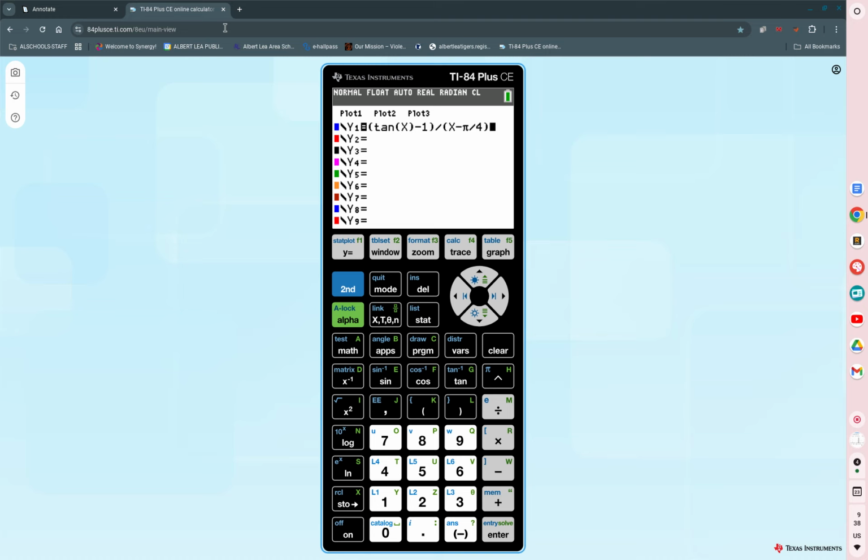All right. What is the x value that I'm approaching? Pi over 4. Try and get close to pi over 4. I don't really know what pi over 4 is as a decimal, so I'm just going to have to divide that.